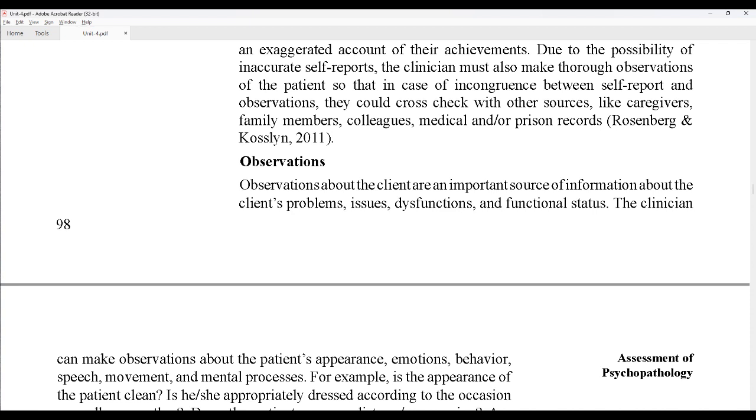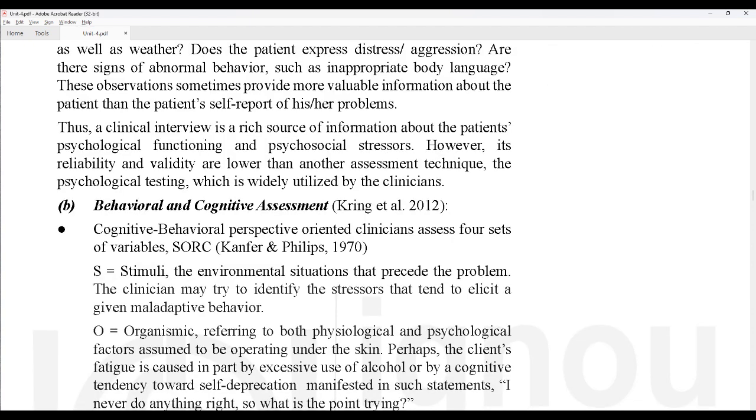Is he or she appropriately dressed according to the occasion as well as weather? Does the patient express distress or aggression? Are there signs of abnormal behavior, such as inappropriate body language? These observations sometimes provide more valuable information about the patient than the patient's self-report of his or her problems.